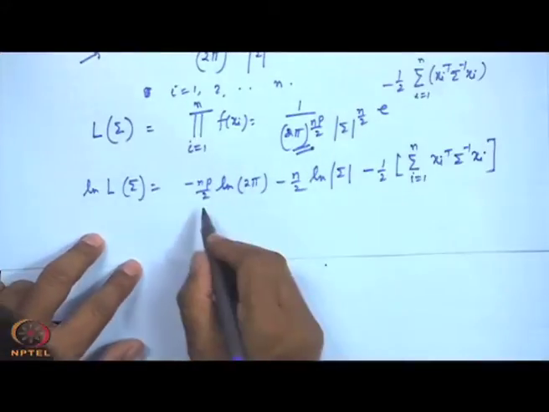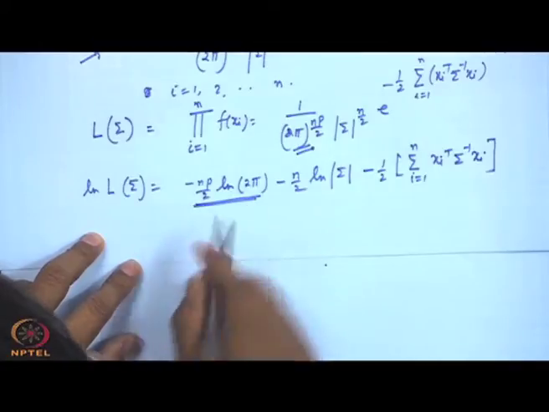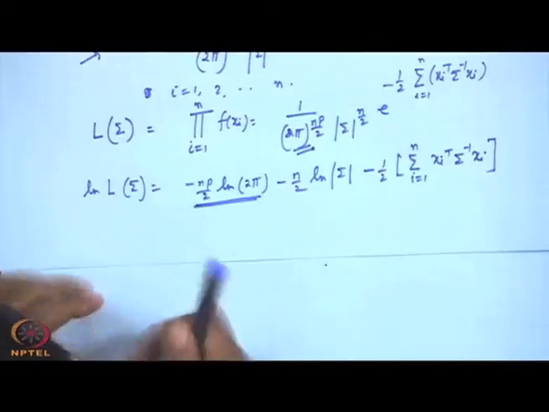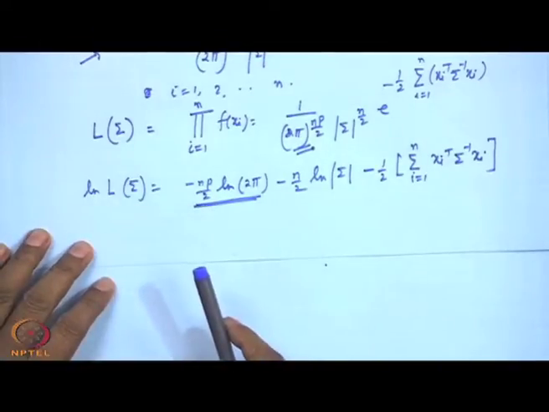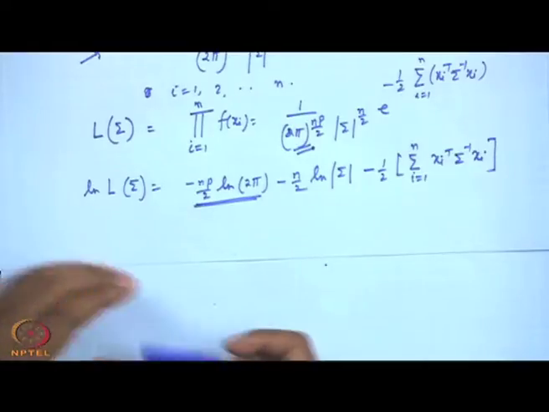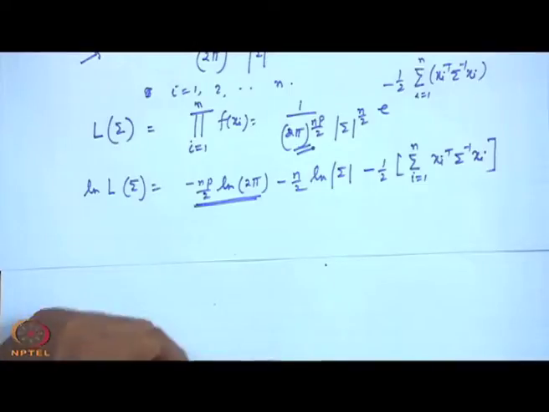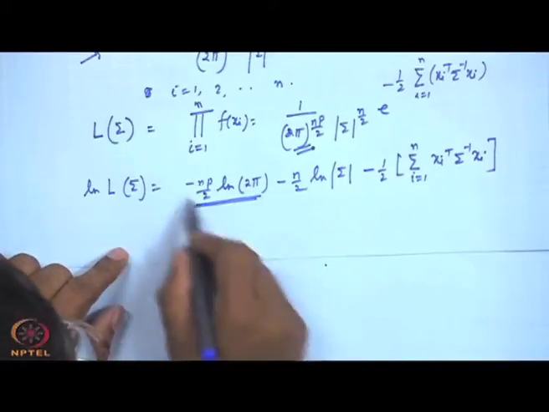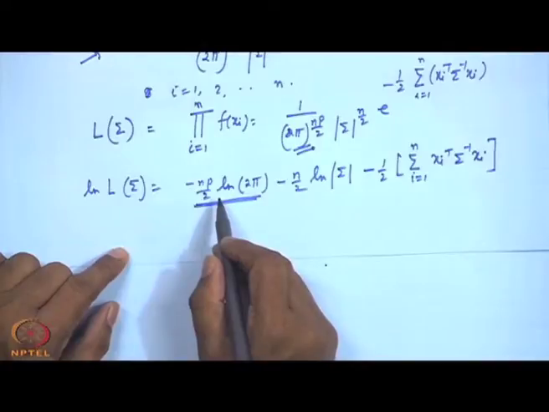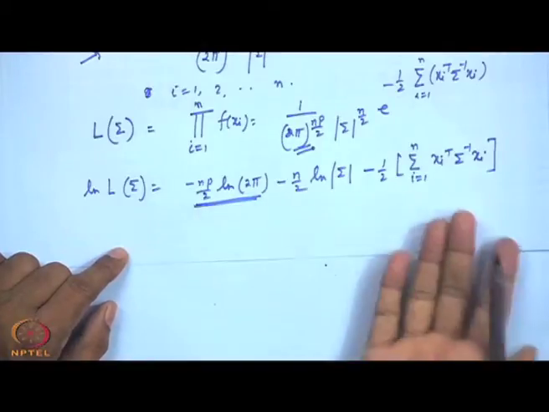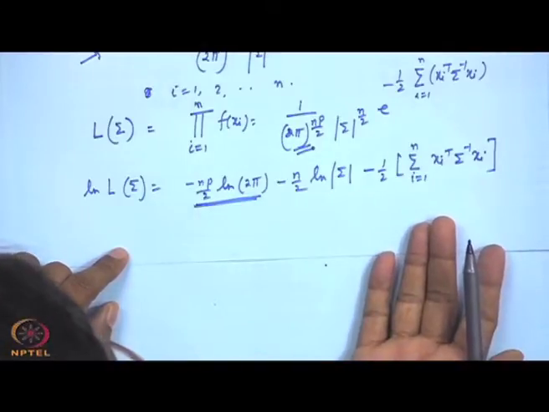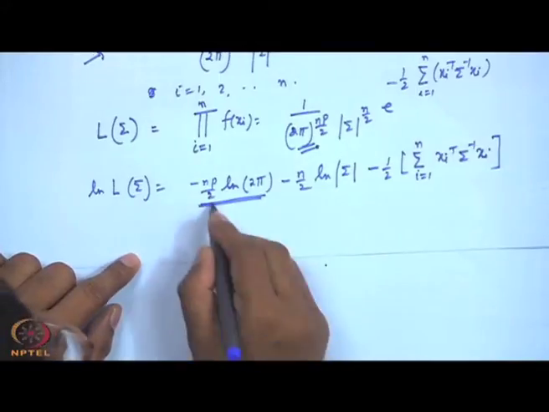So, obviously, we want to estimate this sigma, the parameters. We will go for some optimization route, and the constant term in the equation, whether you keep it or do not keep it, is immaterial. So, we will remove this constant term.